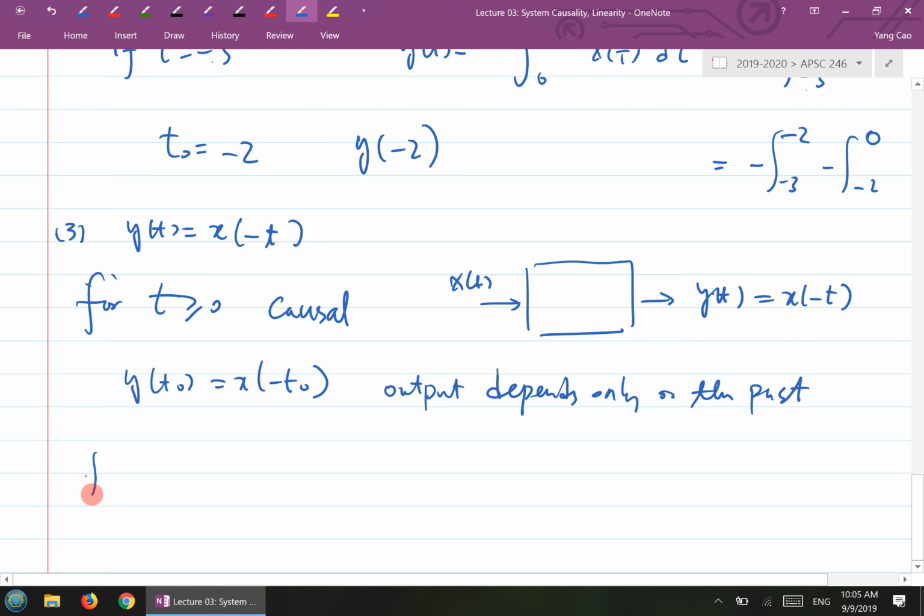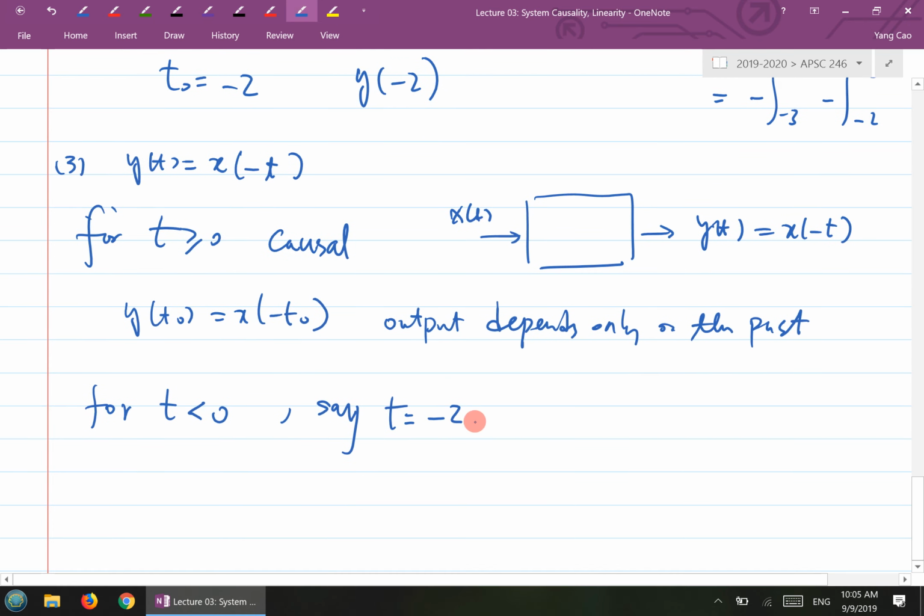However, if you have a t value that's less than 0, let's pick a number, t equal to negative 2. Let's look at what happens to the input and output when t equals negative 2. Your output is y of negative 2, the value at t equals negative 2.